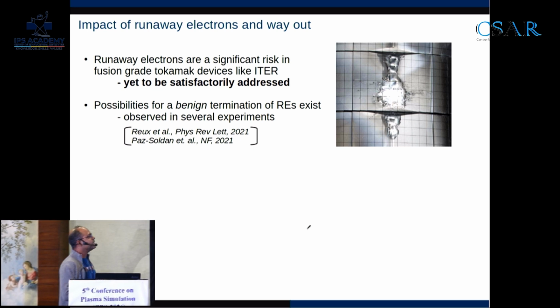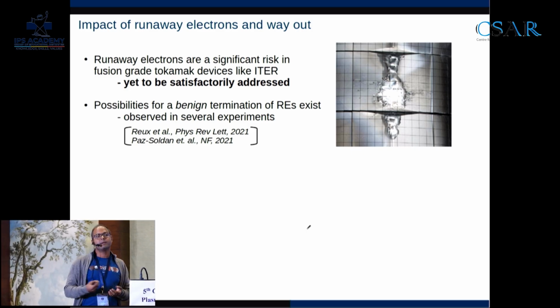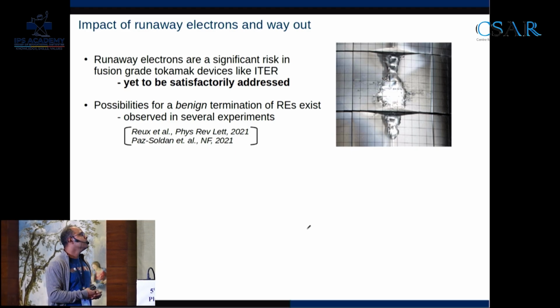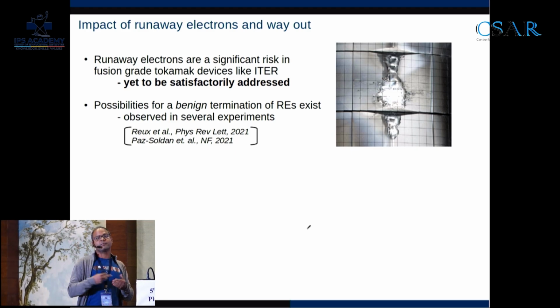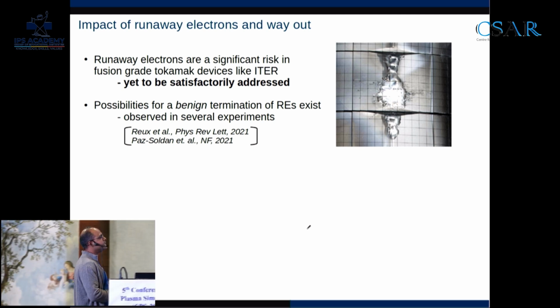So experimentalists have in fact in recent years been successful in producing benign terminations in spite of having these runaway electrons. Typically what they do is, after a runaway beam is formed, a large amount of material is injected in the form of massive gas or shattered pellets, typically deuterium or some impurity like neon, and after these injections, in certain scenarios they find that it leads to a benign termination.